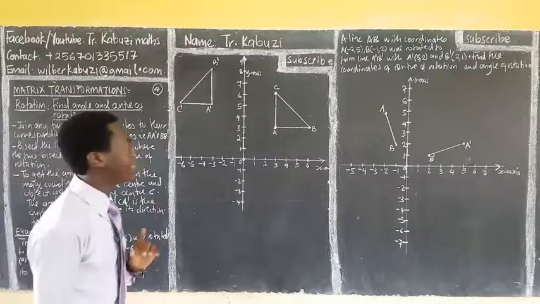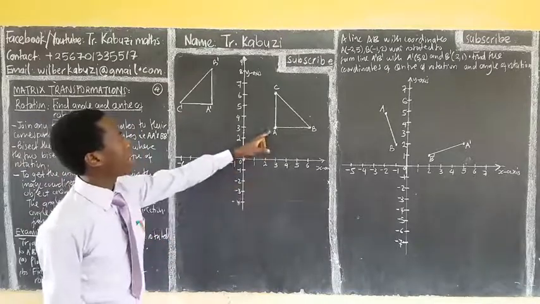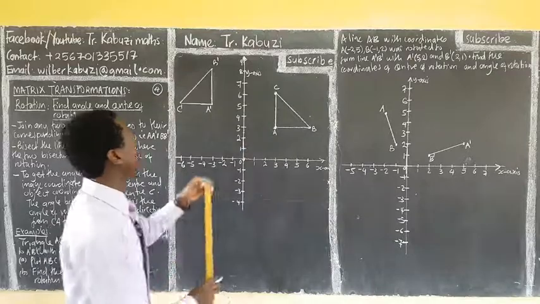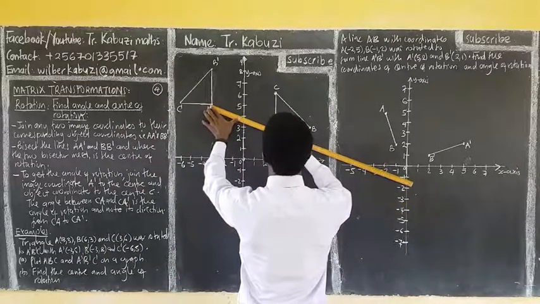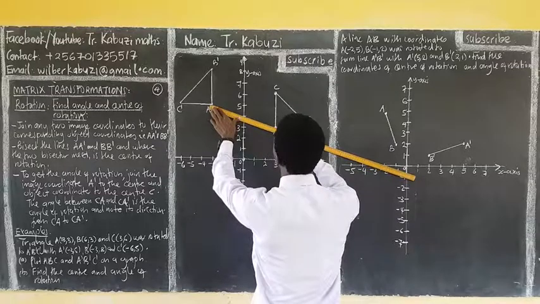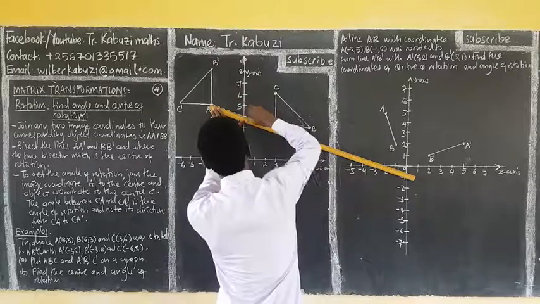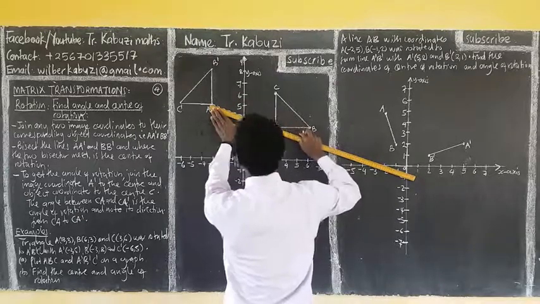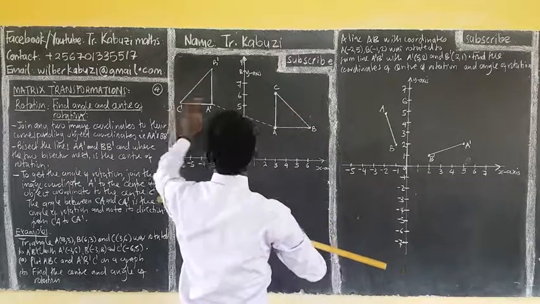Now, to find the center, you join any two corresponding points. So A to A prime. Now you get your ruler, then you join A to A prime like that. So I'm joining A to A prime. Then you join B to B prime, or C to C prime.